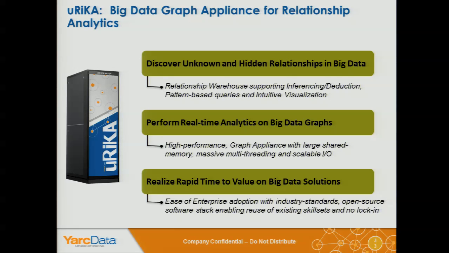So just in summary, for Eureka, we'd like to discover unknown and hidden relationships. This is the pattern matching that I talked about. We'd like to be able to perform real-time analytics on very, very large graphs in a very scalable fashion. As the size and complexity of both the queries and the database increases, we'd like to still be doing just as well.